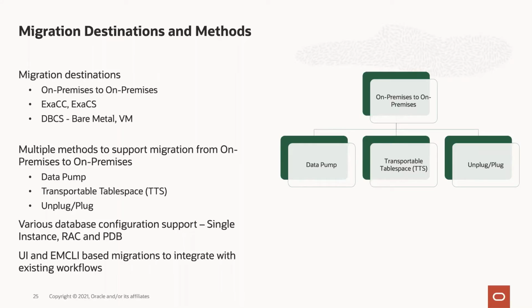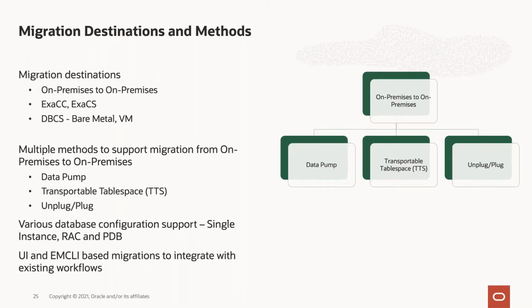Today, if you look at your ecosystem, most of you are looking to migrate your existing single instance databases, whether it's 11, 11.2, 12c or 18c databases that are in play today. You're looking to migrate those to 19c multitenant in an on-premises environment.